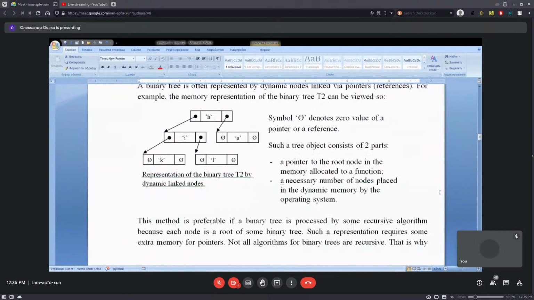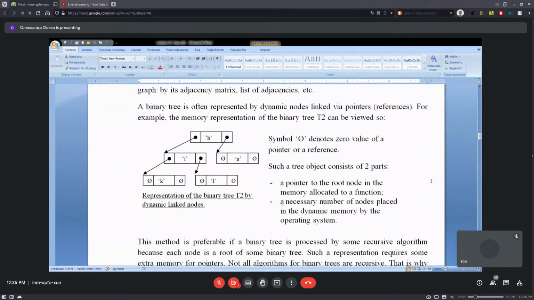But I will not go any deeper here because you did not study object-oriented programming and so on. Just, a tree may be represented as a collection of linked nodes.